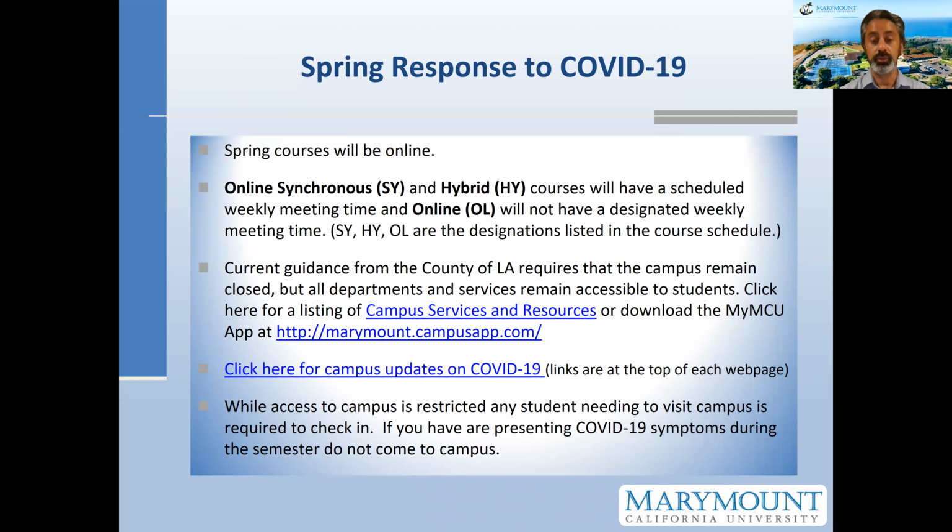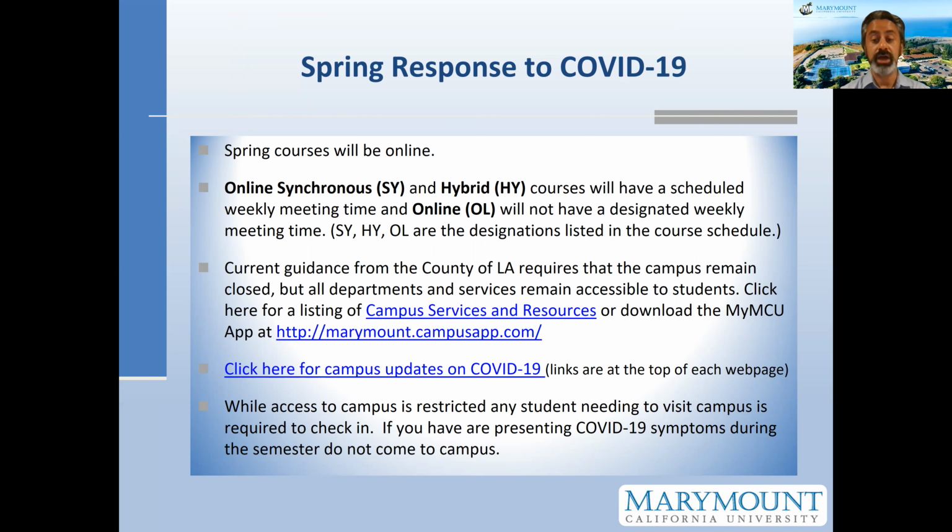There's a listing on our website of campus services and resources that's also available in the MyMCU app, and you can download that app on Android or iPhone devices. That is helpful because it gives you the full list of the different departments that are available. It also lists the different events taking place through the campus.